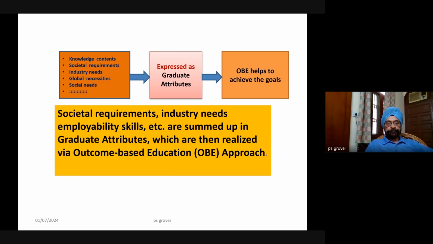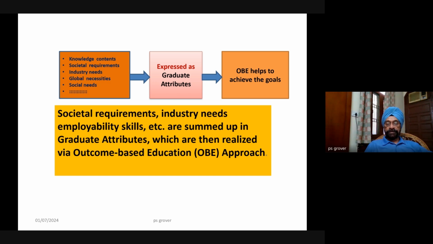So we say knowledge contents, societal requirements, industry needs, global necessities, and social needs, etc. are expressed as graduate attributes. Now, OBE helps to achieve these goals.